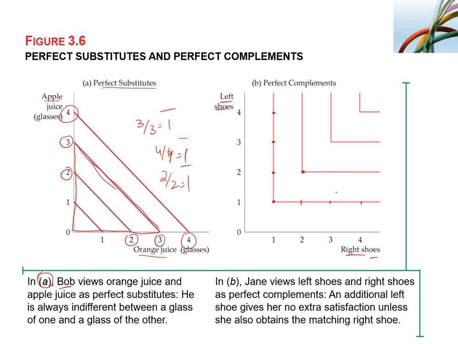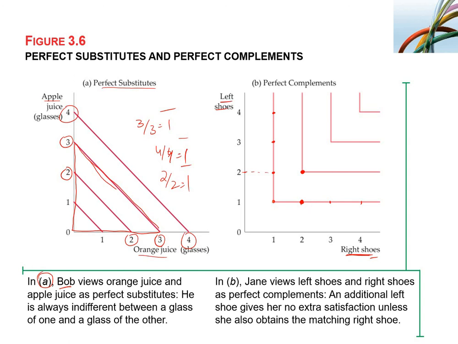So for example here we are at one right shoe and one left shoe, and we have increased the quantity of left shoe. This left shoe is not giving him any extra satisfaction unless another left shoe is also added. So they both join at this particular point.